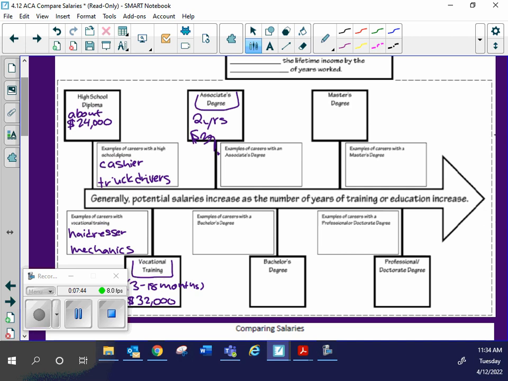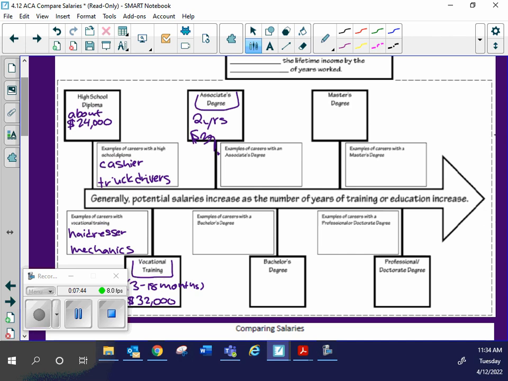Okay, so the different levels of education and comparing the salaries, how much you're making. The amount of schooling or education that you attend can impact the salary that you have the potential to earn. Okay, there are different levels of education. High school is at the base. That's a 4-year secondary school that y'all will go to and is awarded with a high school diploma.